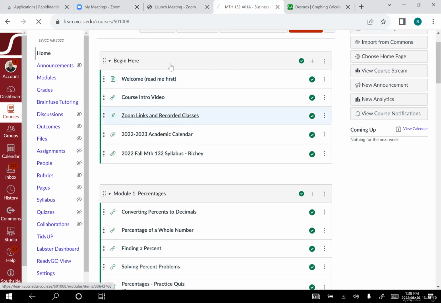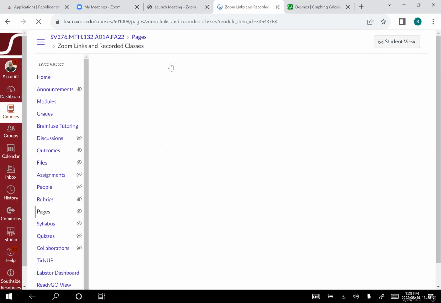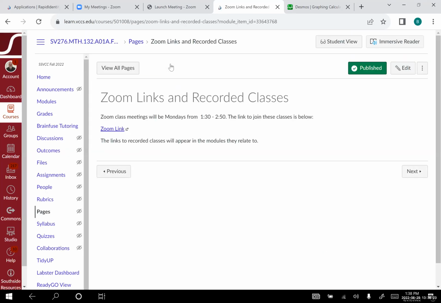When you click on Zoom links, it has the link to join the class that way. Okay. So I'll give you a minute to do that. I tried it, but it acted like I had to get your ID. Yeah, sometimes if you just open that Zoom thing on a computer, it wants the class ID, which I can probably give you too. If that link doesn't work, I'll give you the ID. Let me try that.